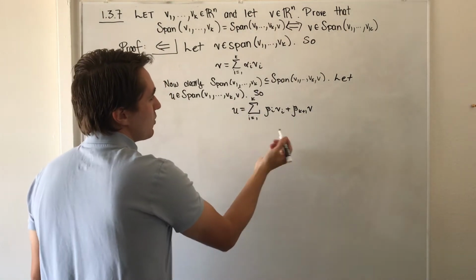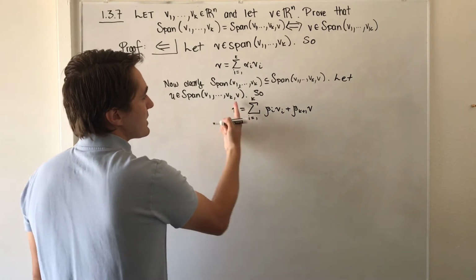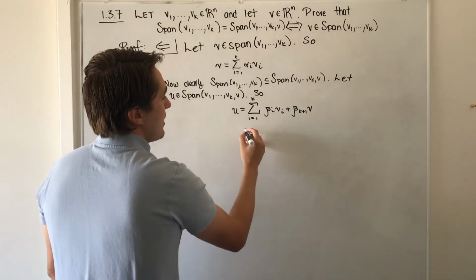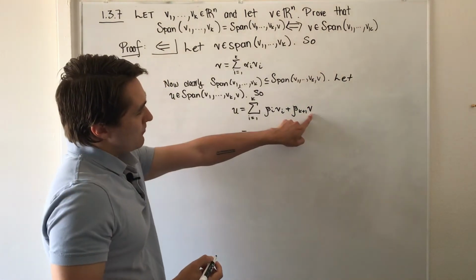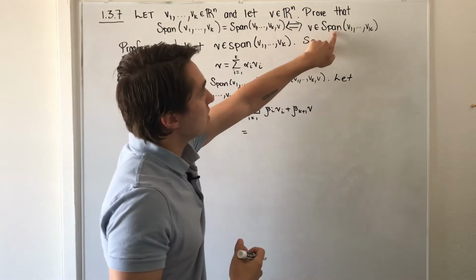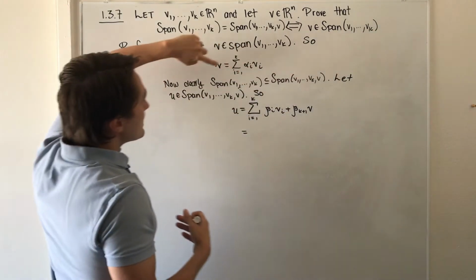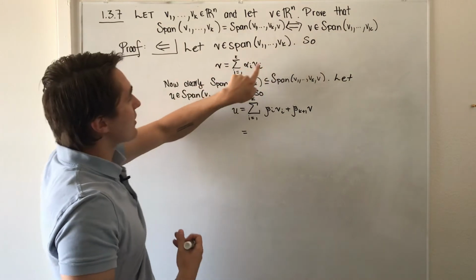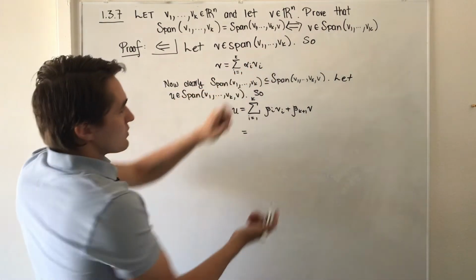But here's what's going to happen. I'm summing these up as a linear combination, and I have this little extra guy out here. But wait a second. V, by assumption, was in the span of V1 through Vk. So I can write V as a linear combination of these vectors.